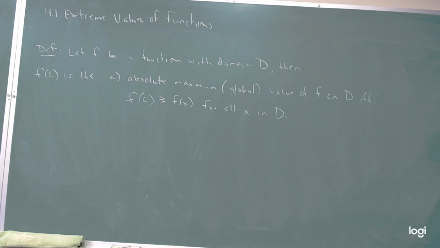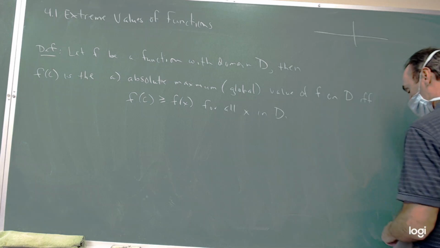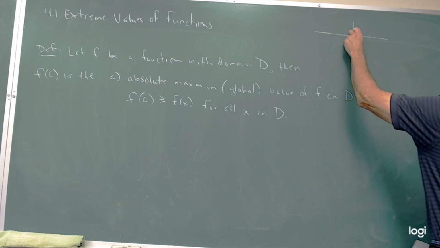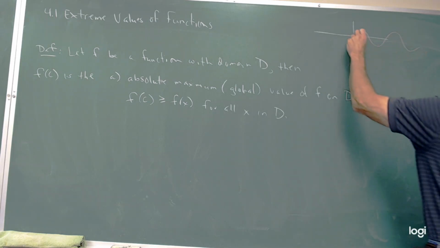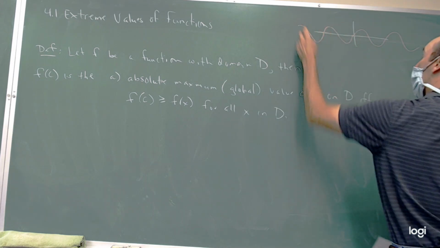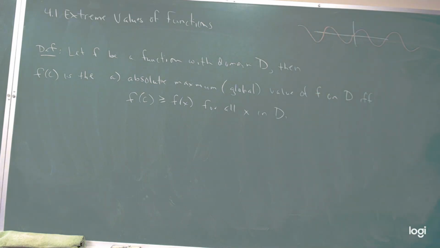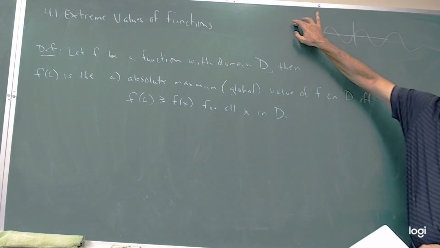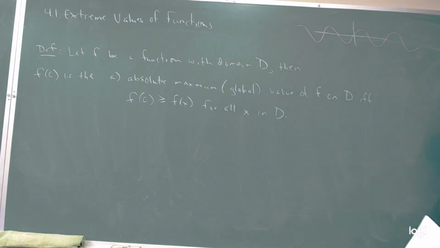So, for example, we're talking about a sine curve, and the domain is all real numbers. Our sine curve does that wave forever and ever. So the largest value the sine ever is 1. Now it occurs every 2 pi, so it occurs an infinite number of times, but it's still the largest y value.